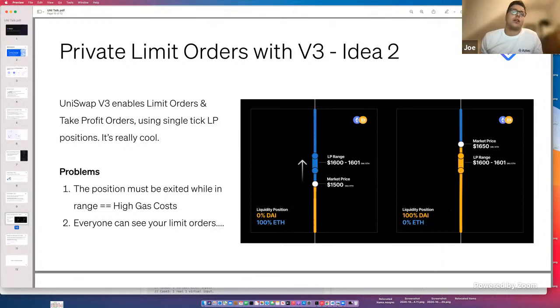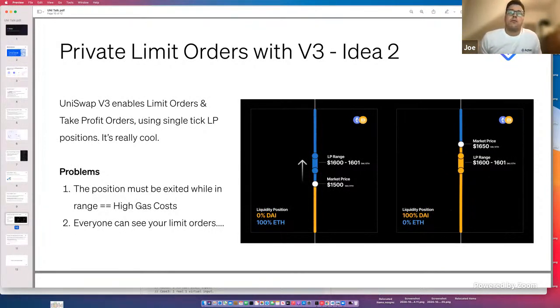Obviously, if you think ETH is going to crash at some point and then rebound, you could put a limit order in to purchase ETH, let's say at 1,200. The price was 1,200 DAI. So those two types of limit orders are possible today on Uniswap, but they have some problems.